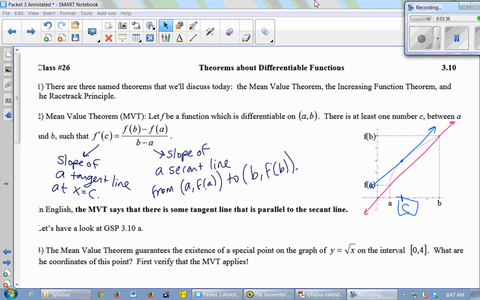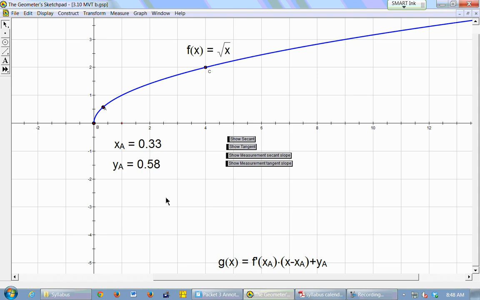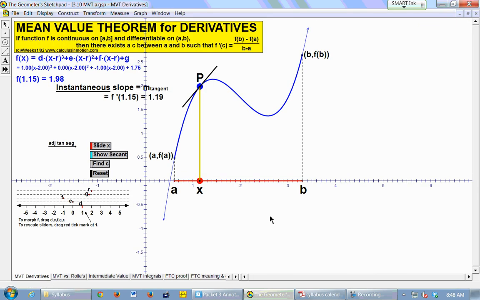So let's have a little graphical animation to make this as clear as we can. Okay, so here's some random function, f of x, and I've got an interval from a to b, and this function is smooth and continuous on that interval. So I'm going to show the secant line from a comma f of a to b comma f of b, this sort of teal blue color.